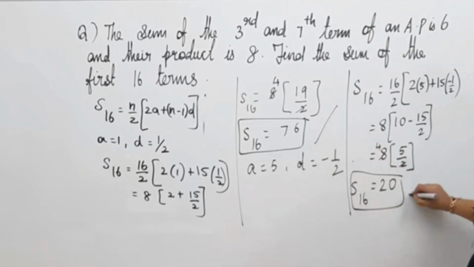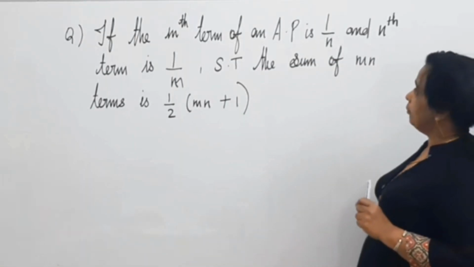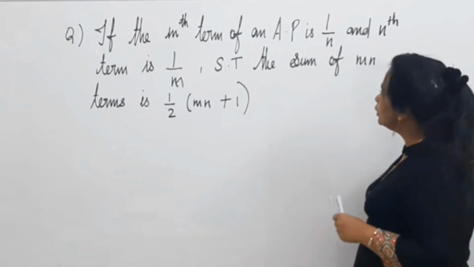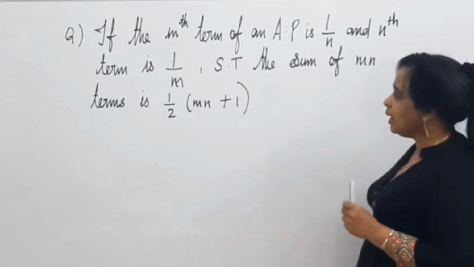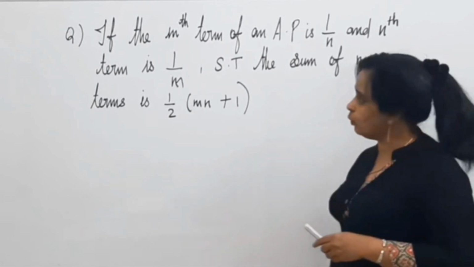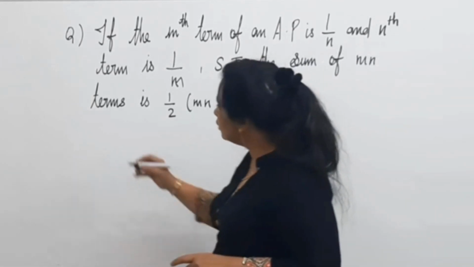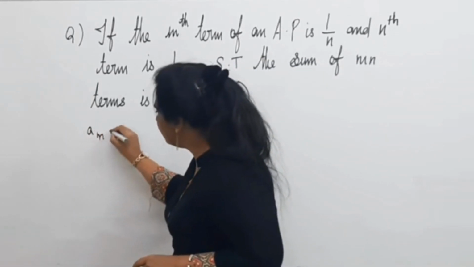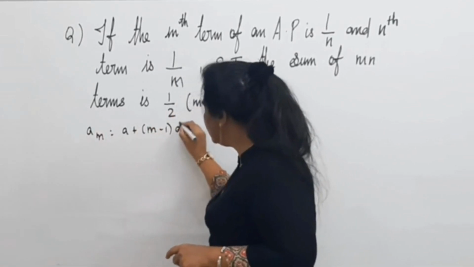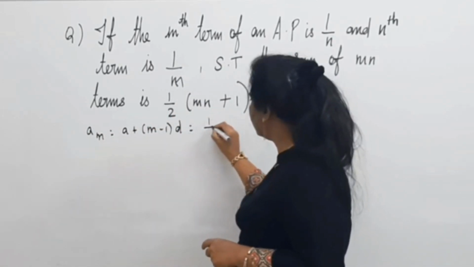So I got both the values. Now the next question: if the mth term of an AP is 1 by n and the nth term is 1 by m, show that the sum of mn terms is half into mn plus 1. Now the mth term is given by a plus m minus 1 into d, which is 1 by n.